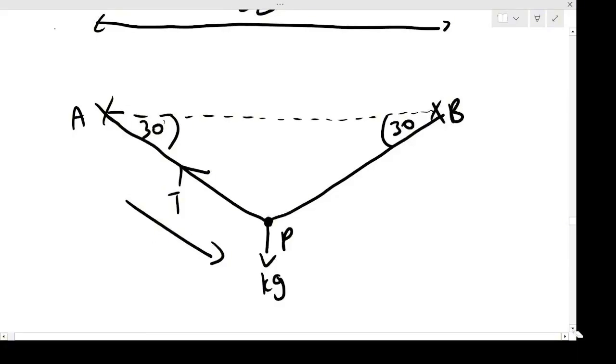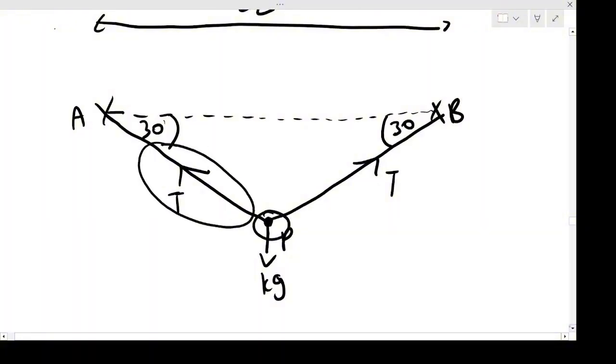Likewise, the tension for PB is going to act up because again, it's being stretched down. So the tensions are actually going to be equal because it's symmetrical in this case. Because P is in the midpoint, the strings are exactly half and half, and so the tensions will be balanced, so they'll be equal.